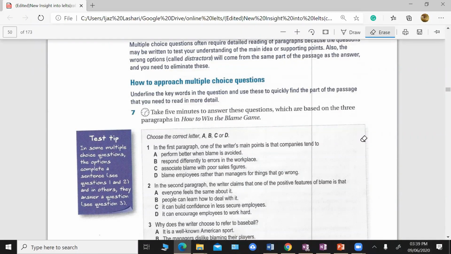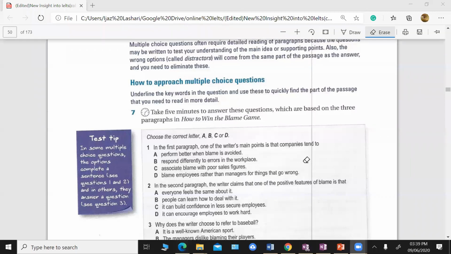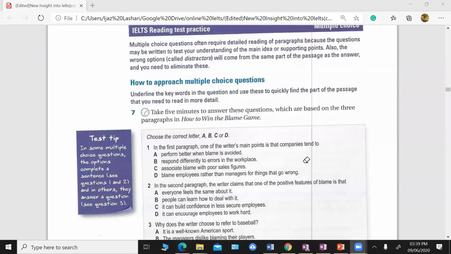Coming back to our question answers. Okay, before we start this one, anything related to the main idea and the supporting details. Any question, any answer, anything you want to share with me, or do you think you got it now?